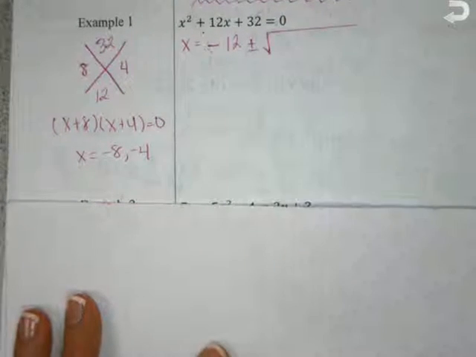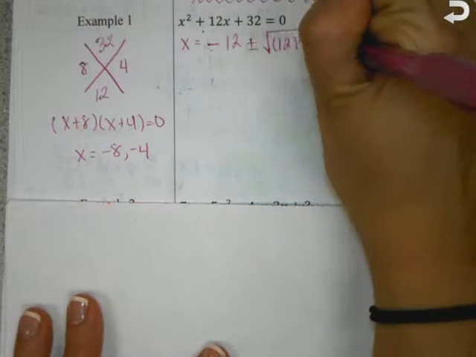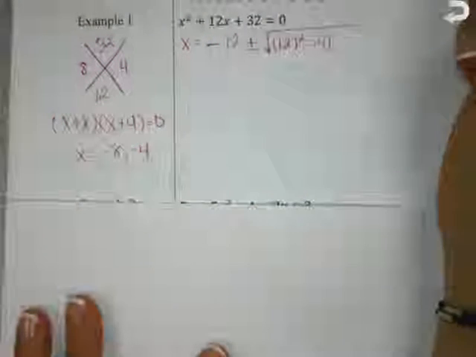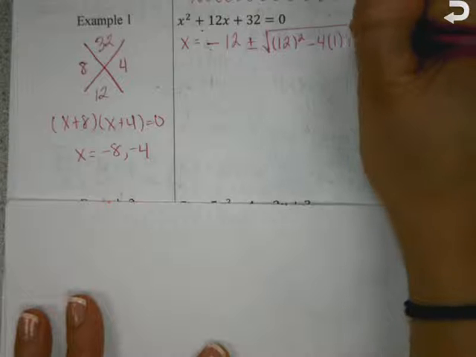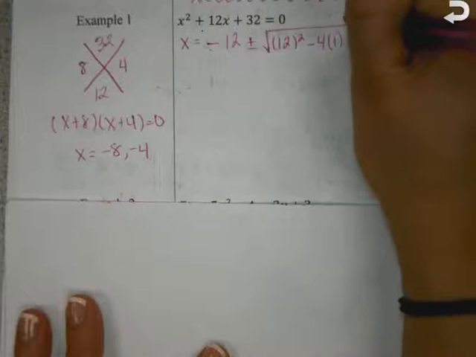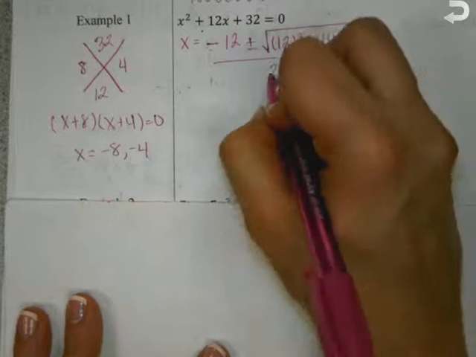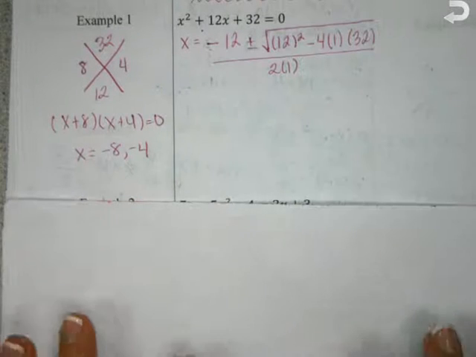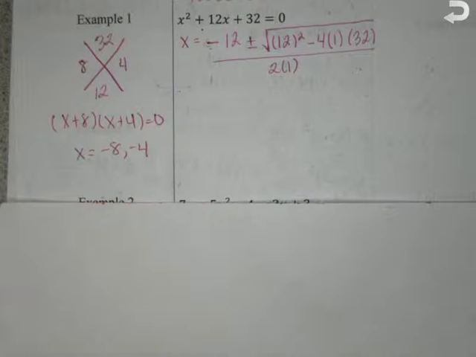B squared, so 12 squared, minus 4 times a. What's a, guys? 1. What's c? 32. All of that is over 2 times 1. Oh, yeah. A. Okay, so now this should be the first step every time you use quadratic formula.